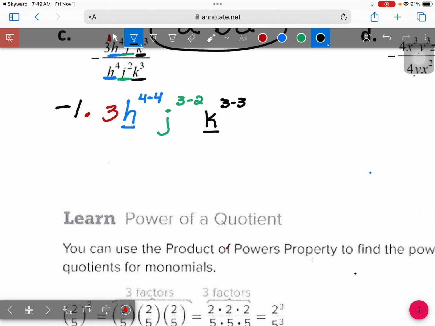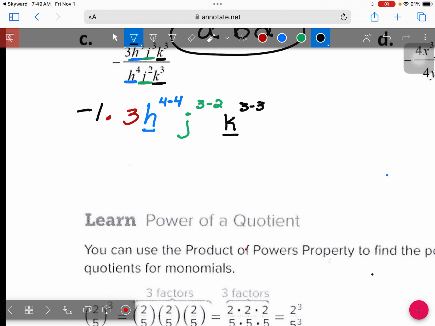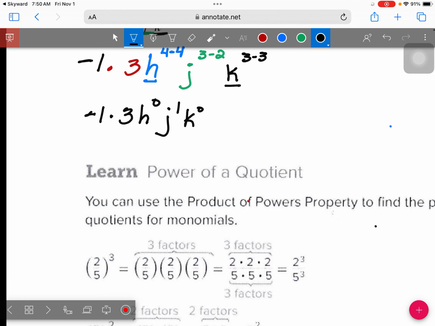So I have changed this all now so I can simplify it. -1 goes out front. 3 is going to stay there. H to the 4 minus 4 is h to the 0. J to the 3 minus 2 is j to the first. And k to the 3 minus 3 is k to the 0. What is anything to the 0 power again? 1.